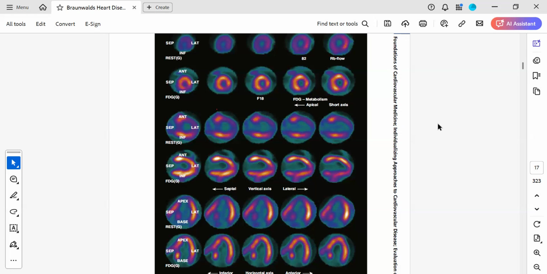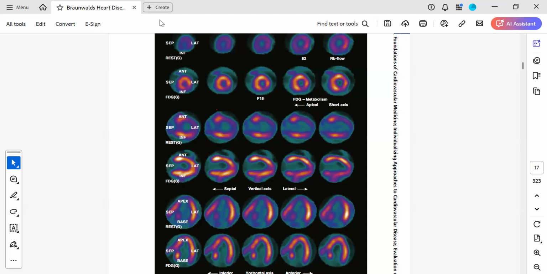Okay, so if we take this, for instance, now, you have images at rest. That means before, and remember this is metabolic activity, and this is also images after giving metabolic agents that can be utilized by the tissue.